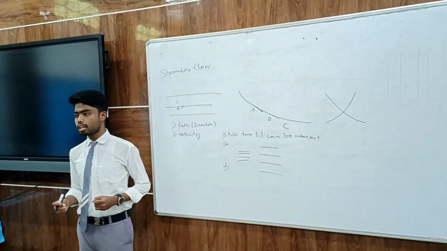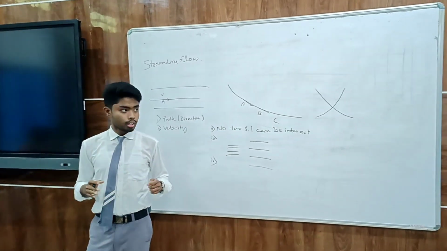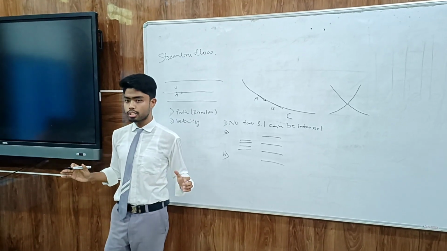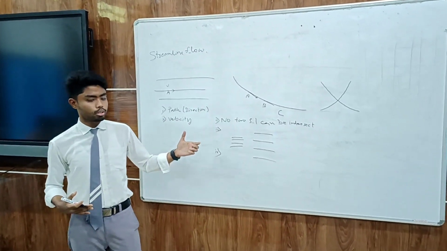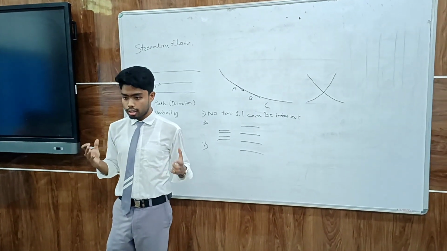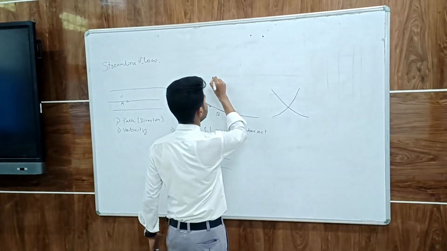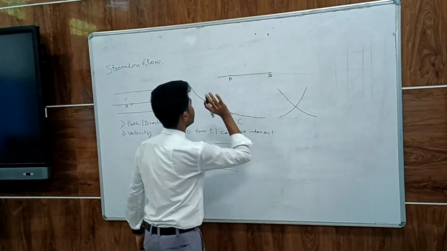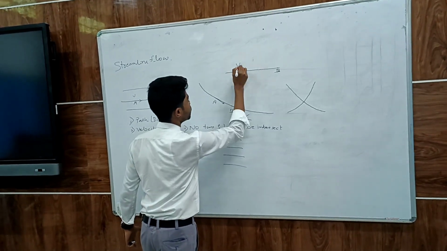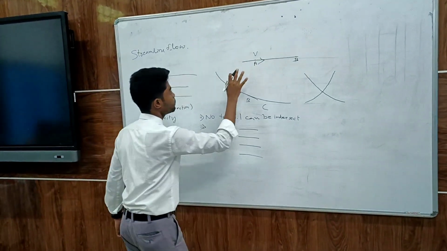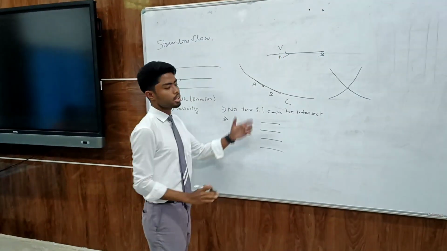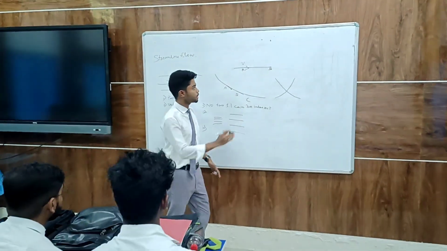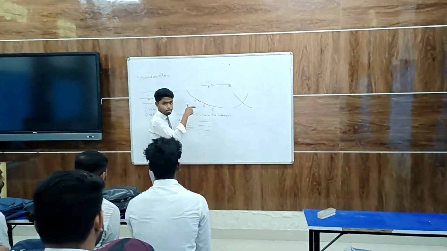Now the number four property of a streamline is that at any particular point, the velocity and direction on a streamline path are constant, but it is not necessary that at another point the velocity and direction of a particle are the same. Suppose liquid is flowing in this direction, this is point A and this is point B. Whenever a particle comes at point A, the velocity is v and the direction is forward. But it is not necessary that at point B the velocity must be v.